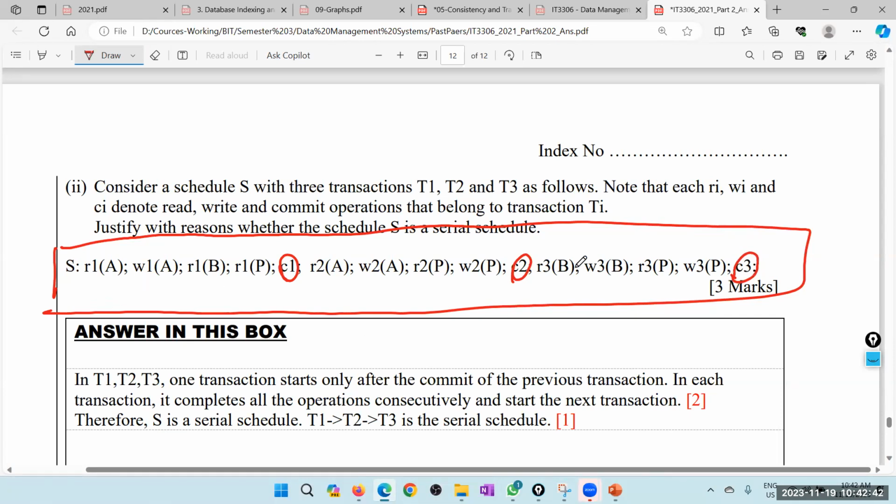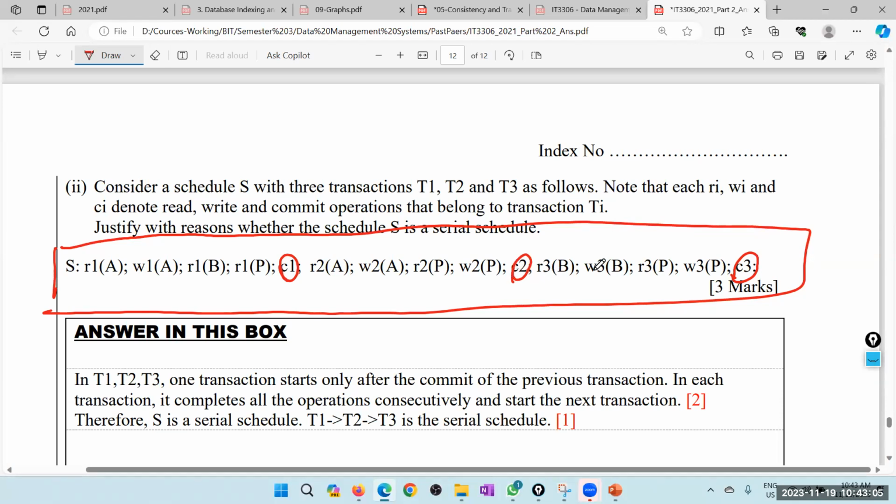Actually, this is a serial schedule. Transaction 1 read A, transaction 1 write A, transaction 1 read B, transaction 1 write B, then transaction 1 is committed. Then transaction 2 read A, transaction 2 write A, transaction 2 read B, transaction 2 write B, then transaction 2 is committed.